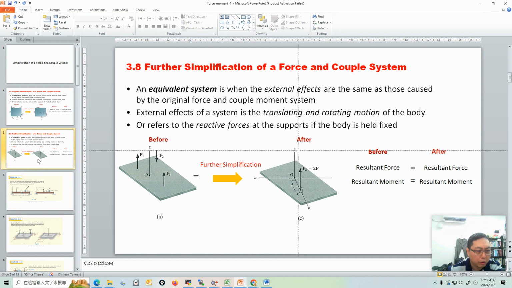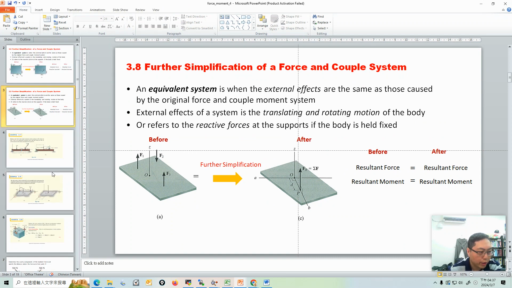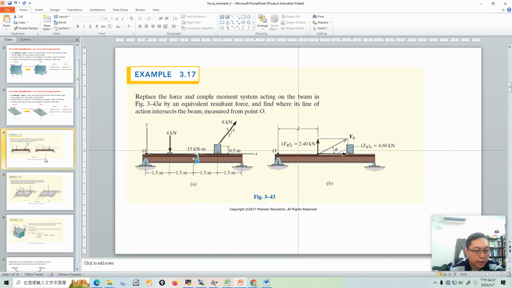Okay, let's raise one example. This is a very typical problem in this course. There is a beam here, and we apply an external force and moment on the beam. Right now we just want to do a simplification of the system.